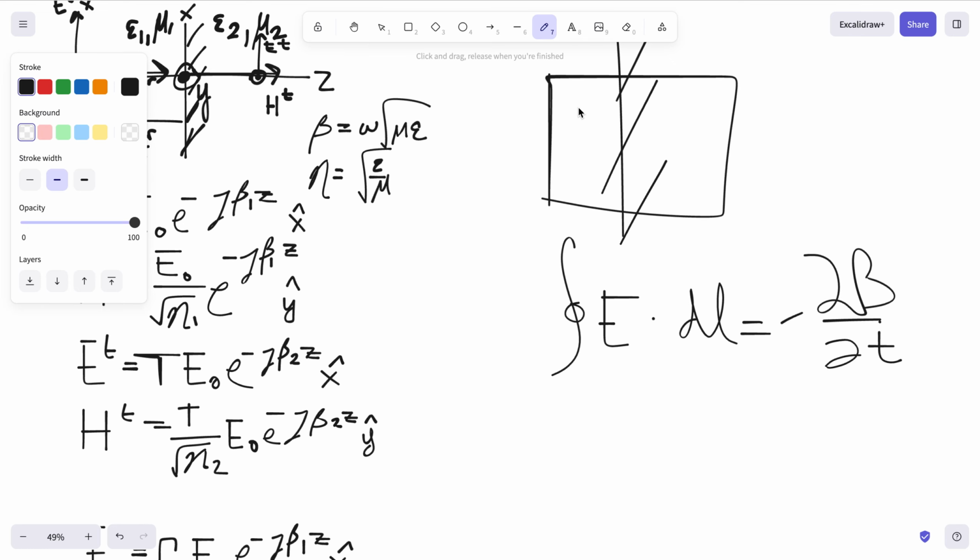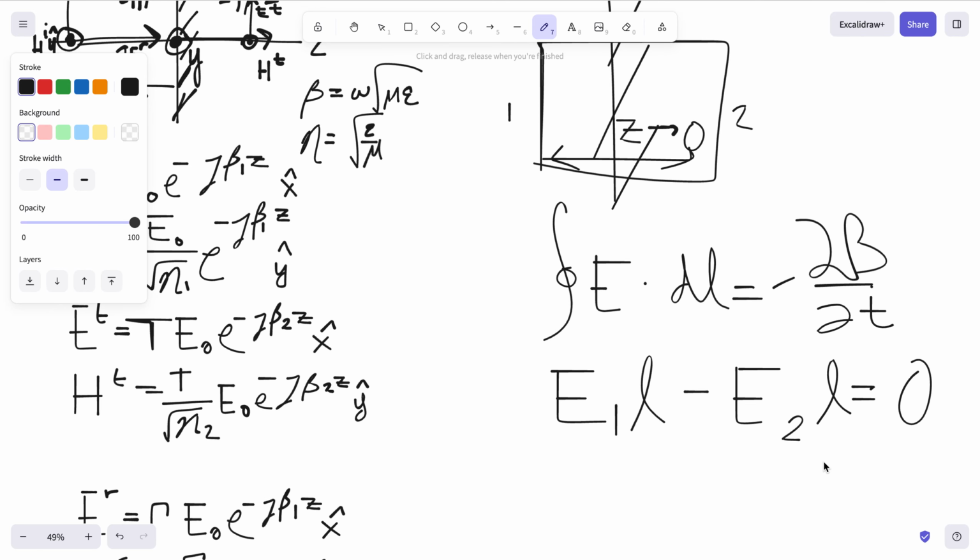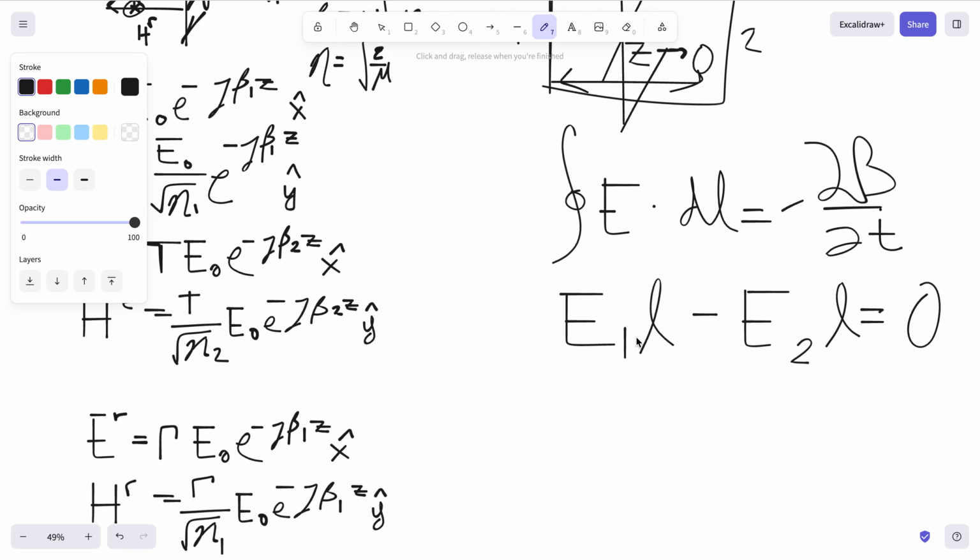But if we make this y length, this z length, really small, approaching 0, then this can be simplified to E sub 1 times L minus E sub 2 times L equals 0, where E sub 1 is the tangential component of the E sub 1 field, and E sub 2 is the tangential component of the E sub 2 field.